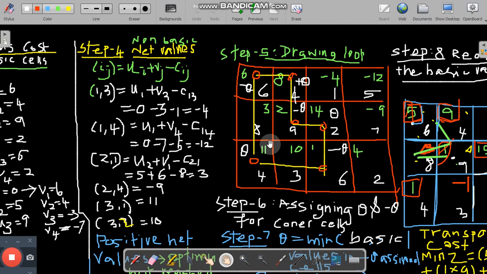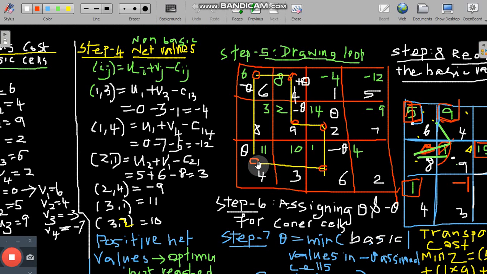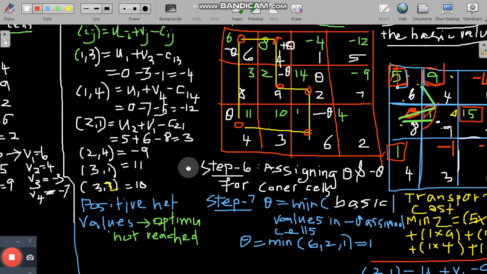Then positive is here. We started drawing a loop through the corner points of the basic cells, and then we gave plus theta, minus theta for the corner cells. Among these, the basic values we identified are 6, 2, 1.